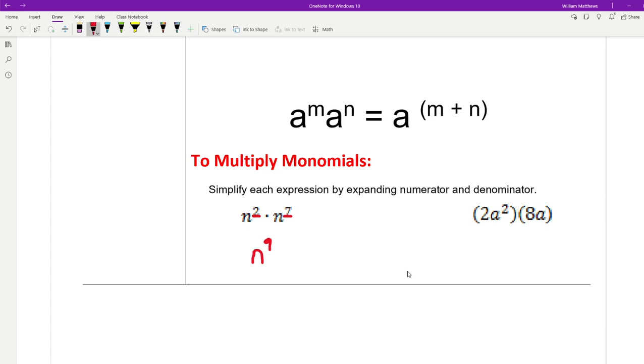When parentheses are introduced, we still multiply across everything because there is no addition or subtraction separating the terms. So this is a monomial. In this case, we multiply everything coefficient-wise like normal. We can multiply the 2 times the 8 to get 16.